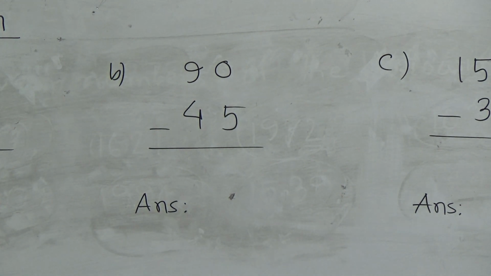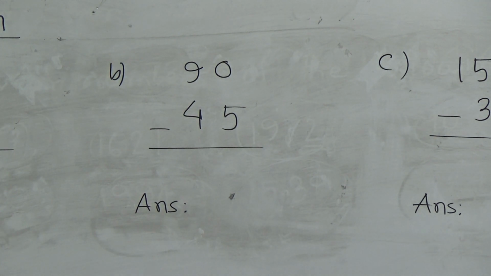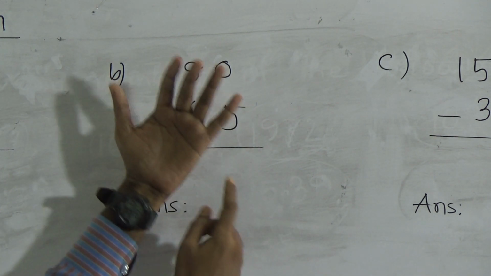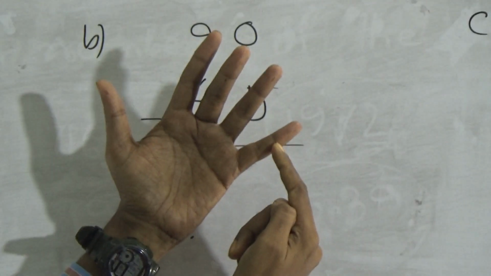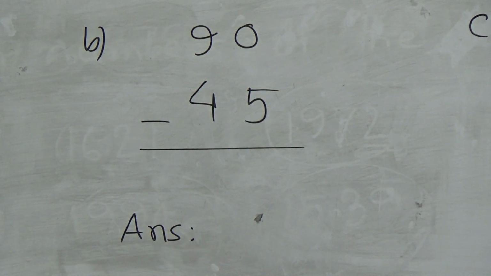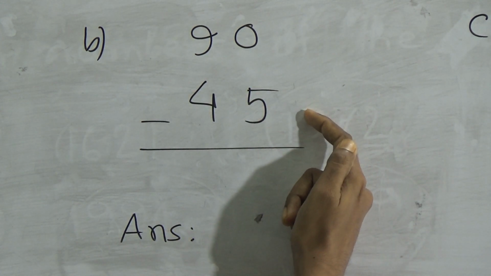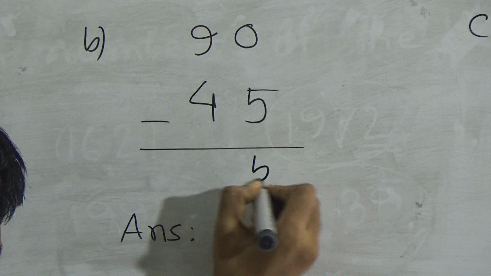Now you have to subtract 5 from 10. Okay, how can we count on your fingers? You see 5, 6, 7, 8, 9, 10. That means if you subtract 5 from 10, then you get 5. So you write here 5.